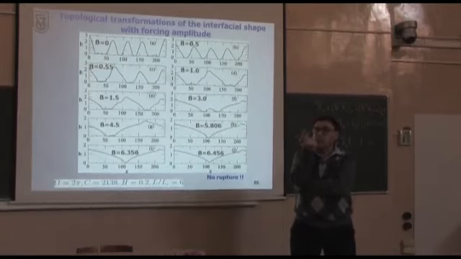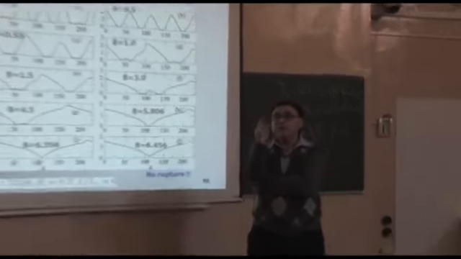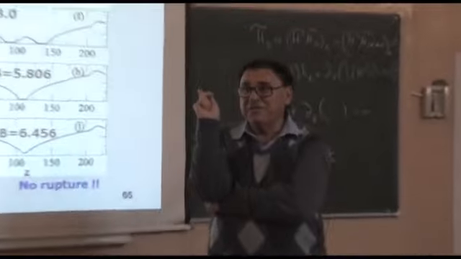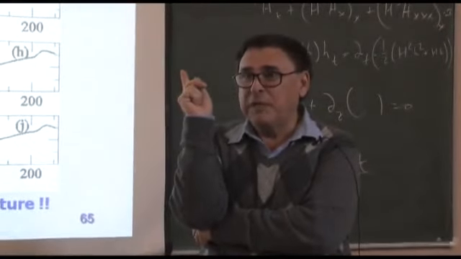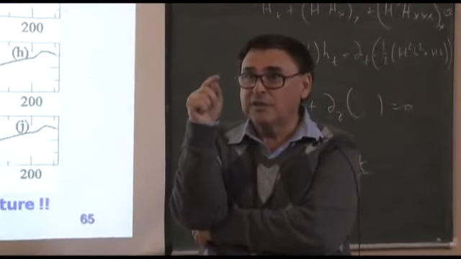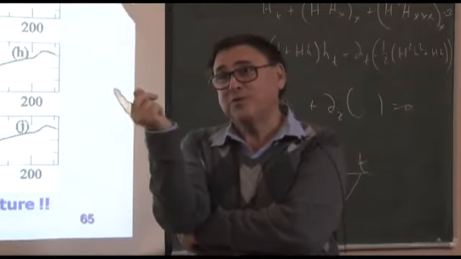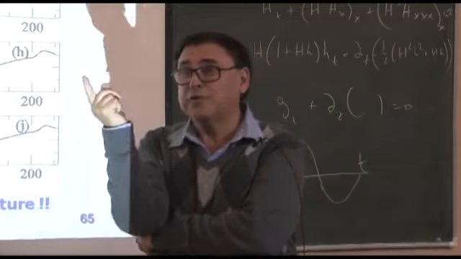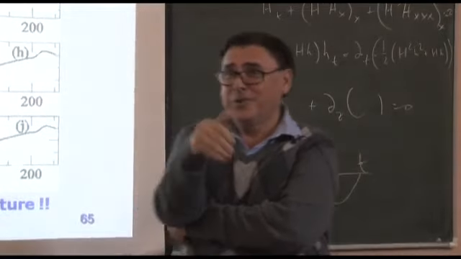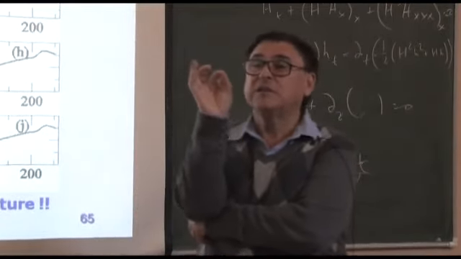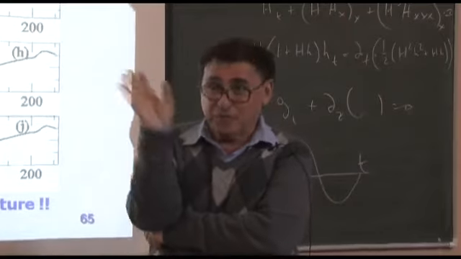So we declare a rupture when we get 0.001 in value of the minimal thickness, and 0.001 exactly means if you start from 1, which corresponds to 10 to minus 4 of a meter, you reach 10 to minus 7. So this is the criterion for rupture here.